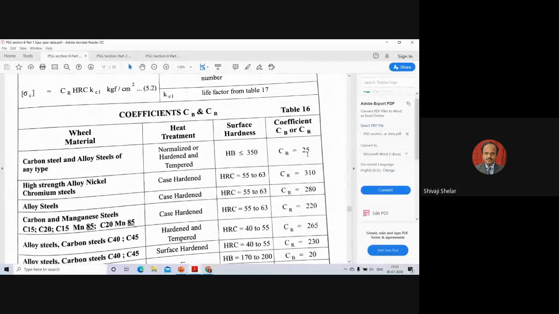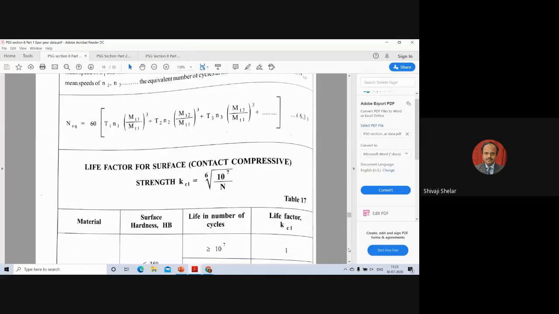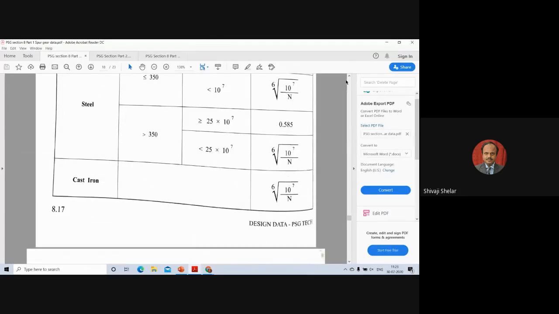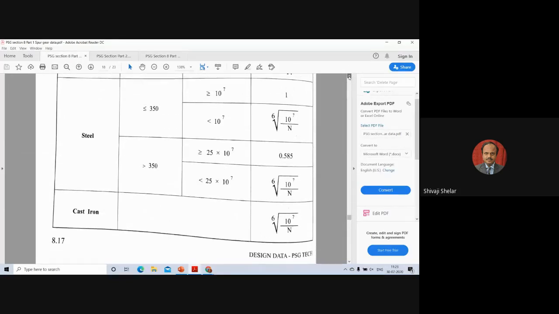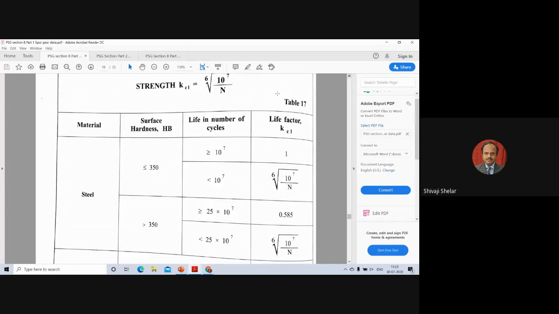Then we have to select the KC1 value, which is on page number 17. The KC1 value, life factor, is from table 17, on the next page. Here, this is the table for KC1. There is a formula for KC1, but that depends upon the number of cycles. If your number of cycles is greater than 10 raised to 7, and if your hardness is less than 350, the KC factor is 1.